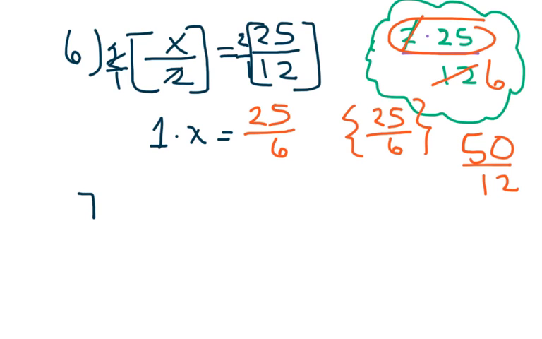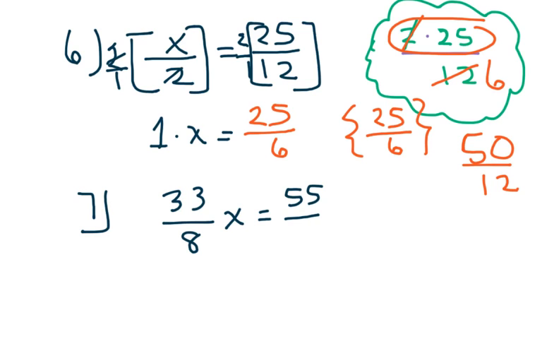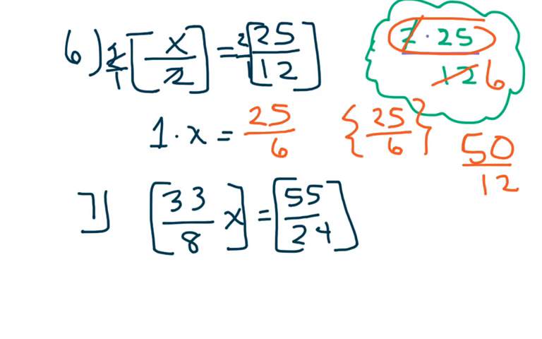Number 7, we have 33 over 8x equals 55 over 24. I'm going to multiply by the reciprocal on each side. So I'm going to multiply by 8 over 33, and I'll do it on this side since I have room. 8 over 33.